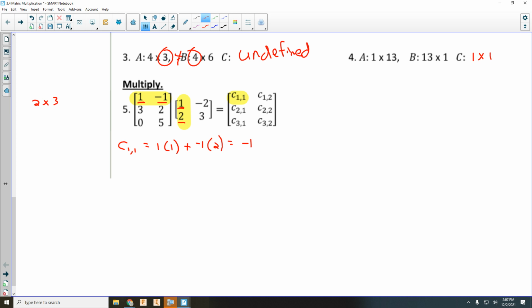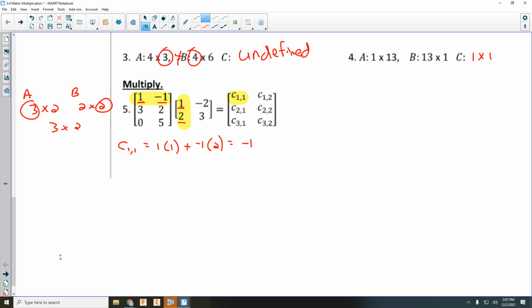I have a 3 by 2, 3 rows by 2 columns, that's matrix A, right? And B is 2 by 2. So my result is going to be 3 by 2. So I have to do this 6 times to figure out 6 values that are going to be in the matrix. We did it 6 times? Yes.